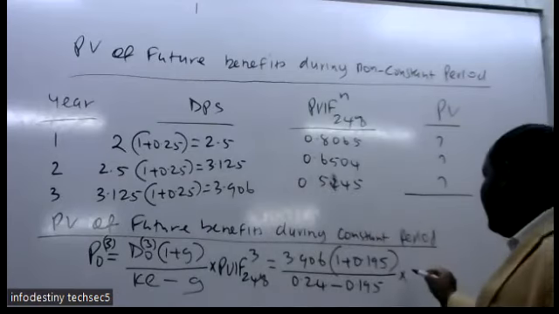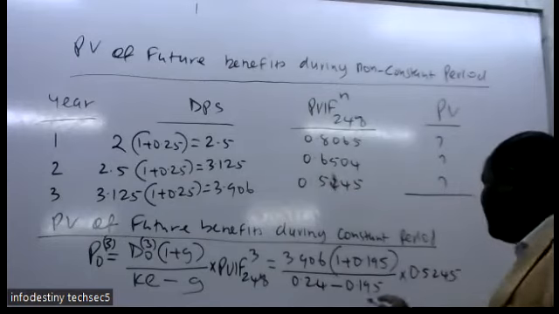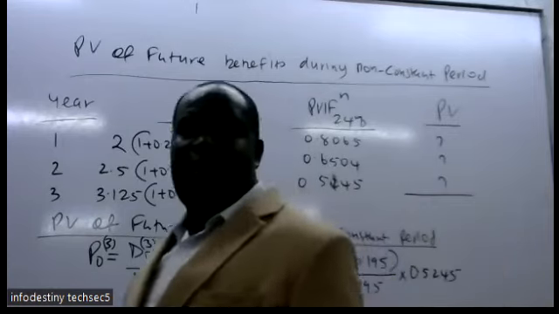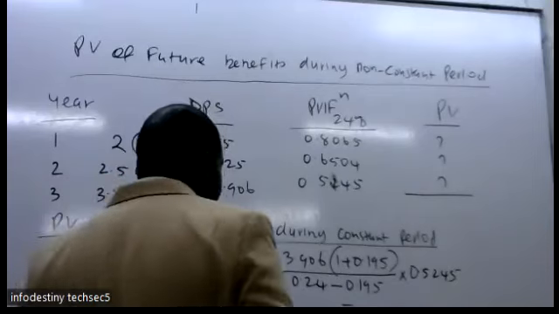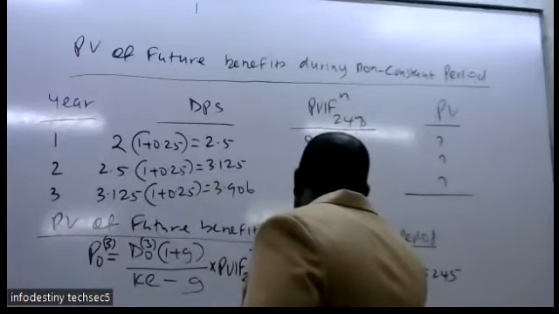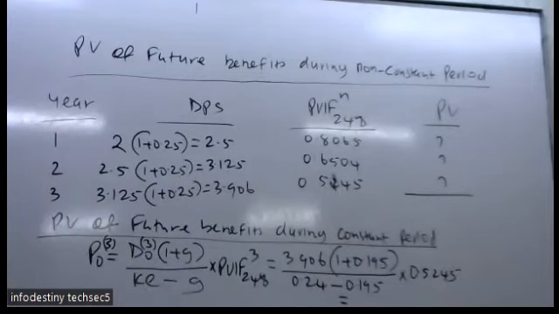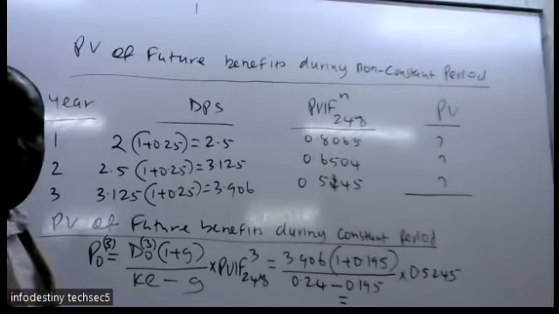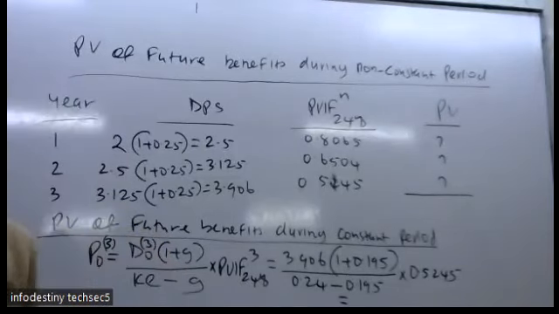Yes, so multiplied by 0.5245, so that you now get the value of that share during the constant period, which is 54.4.